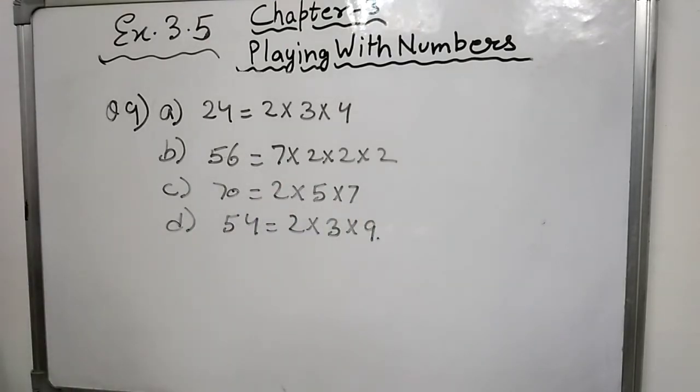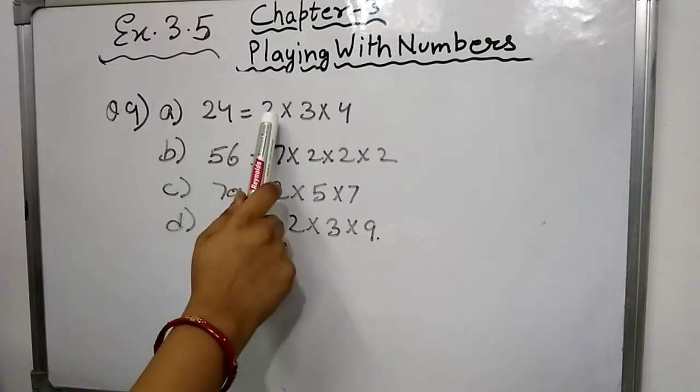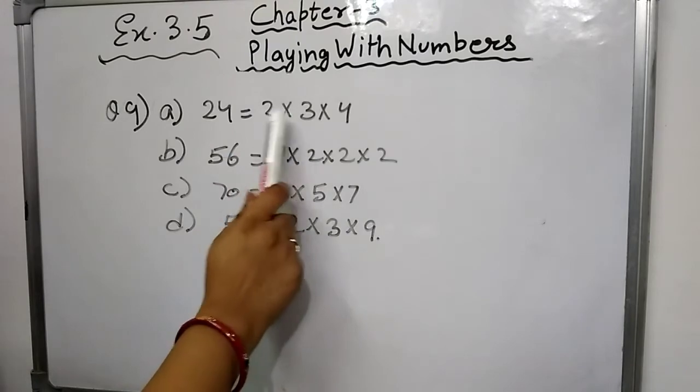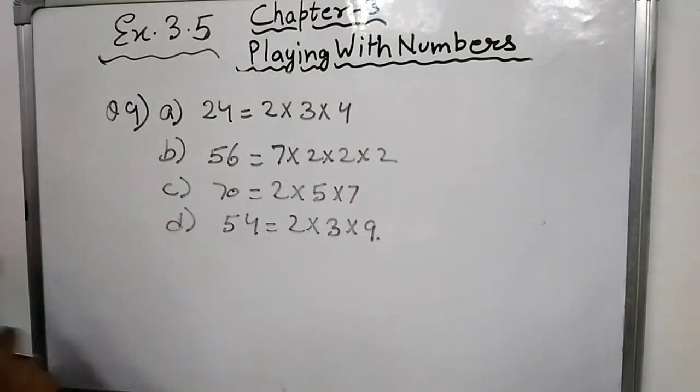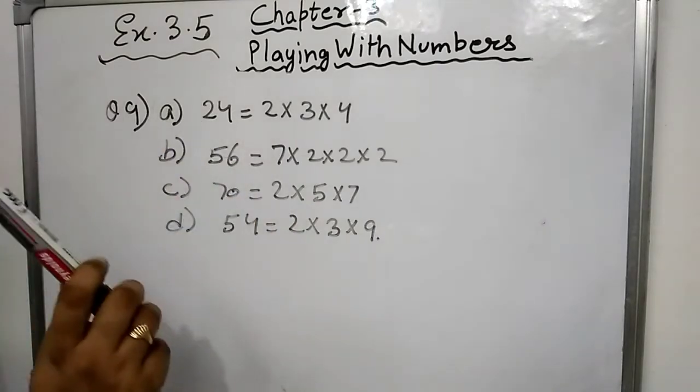Now we can see in the first expression it is written 2, 3 and 4. 2, 3 are prime factors but 4 is not a prime factor. So prime factorization is not done in this expression.